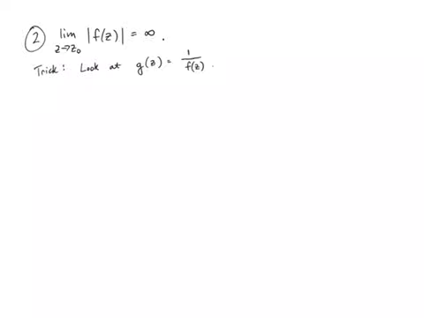And what you can notice here is that g of z is defined near z naught, but not at z naught.